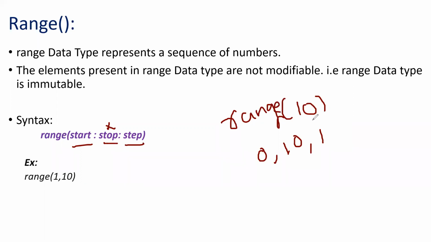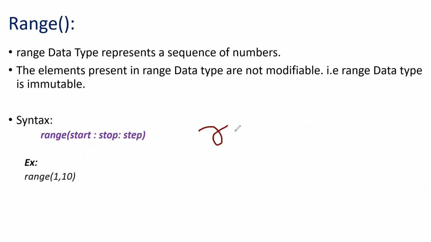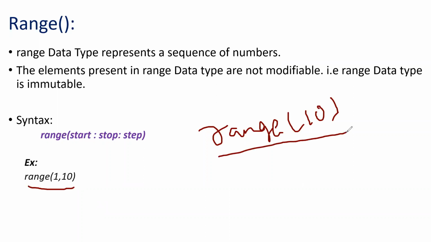Now I didn't give start and I didn't give step. I gave only up to 10, so what the Python interpreter does is take the default start value 0 and the step value 1. Let me clear this. See the difference between range 1 comma 10 and range 10.